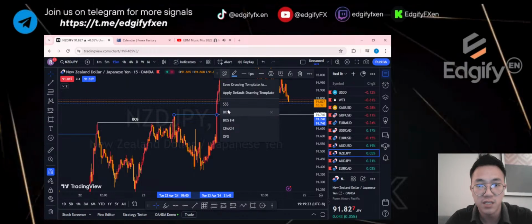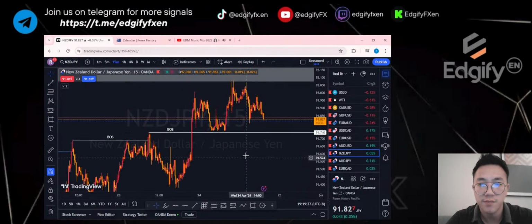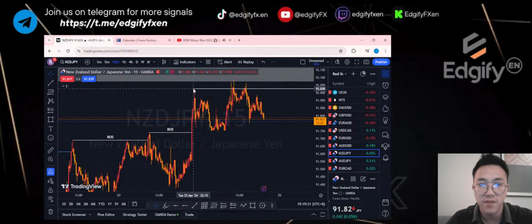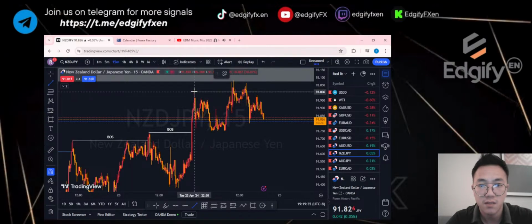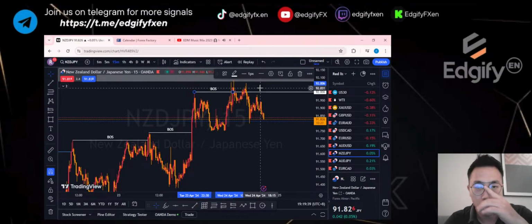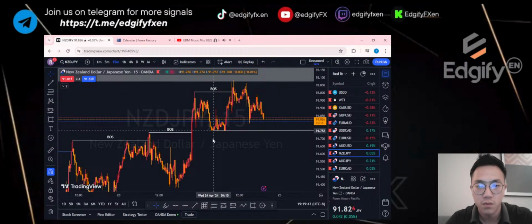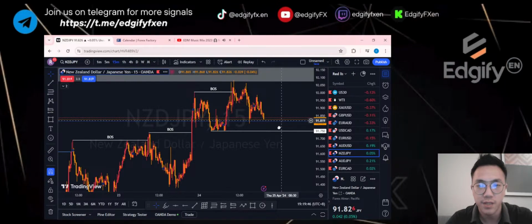A break of structure indicates the 15 minute price is moving upwards. And then we have another break at this level. Right, candle closes above. All right, so then this is going to be our low.